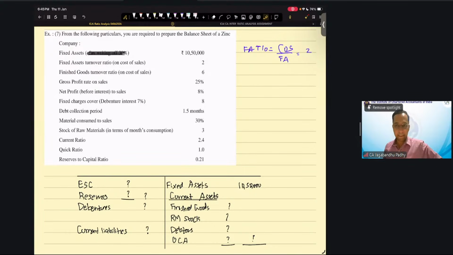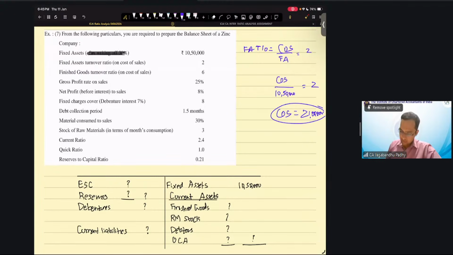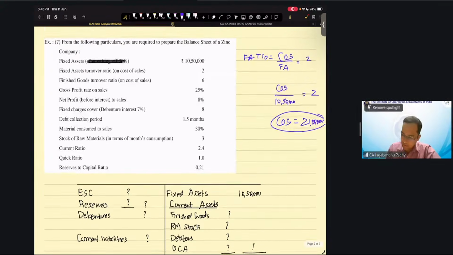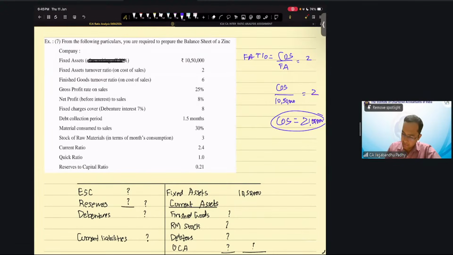Yes, Pooja, you are correct. So cost of sales upon fixed assets of 10,50,000 is equal to 2. So we can say cost of sales is 21 lakhs.